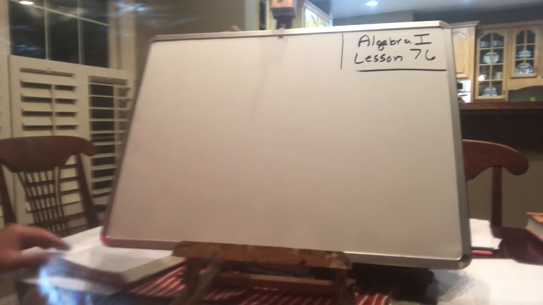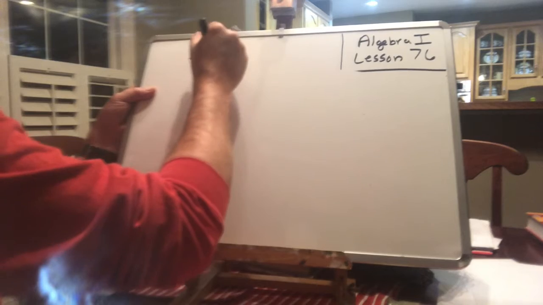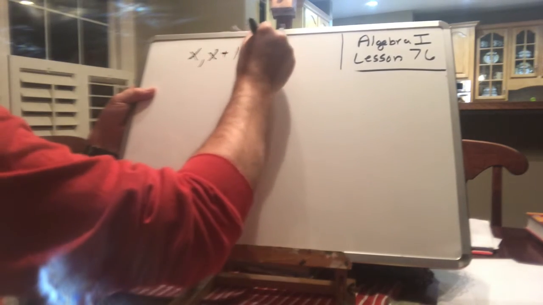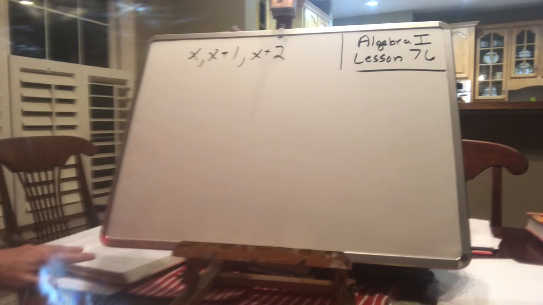76.2. Find three consecutive integers. Guess what? It's x, x plus 1, and x plus 2. Now there's a little trick here on this one, and on the next example I want to show you.